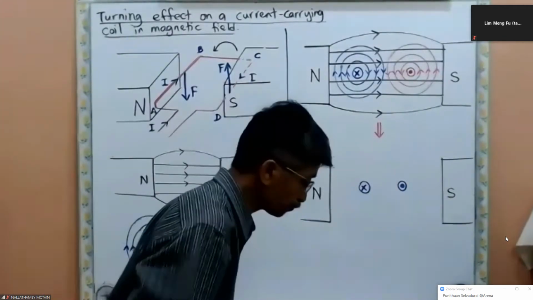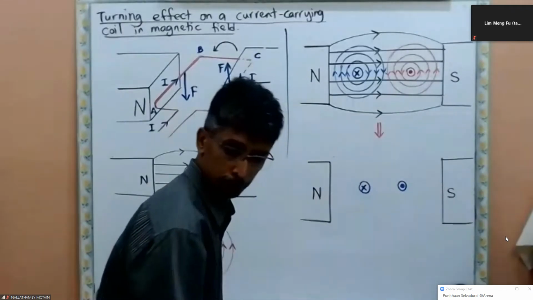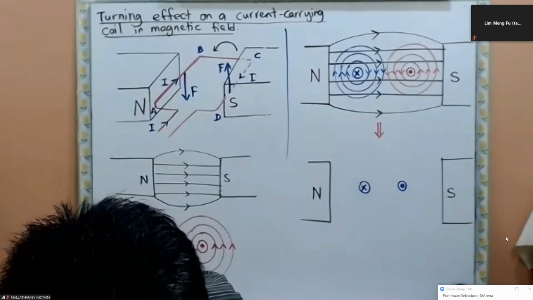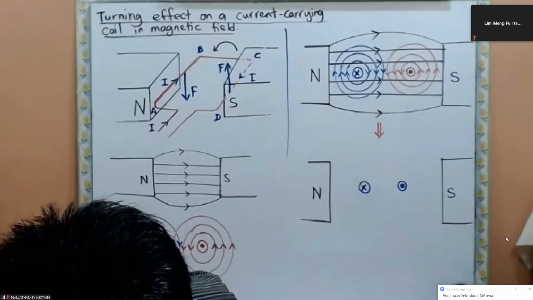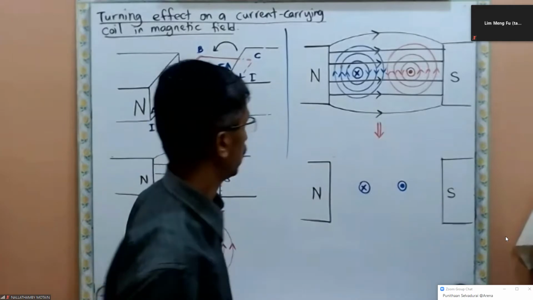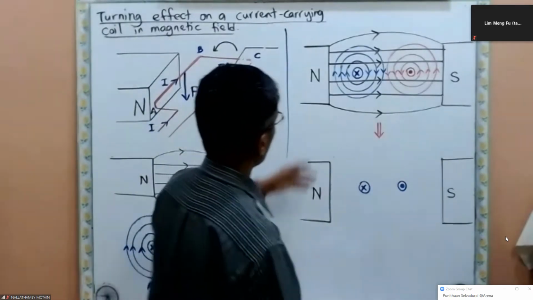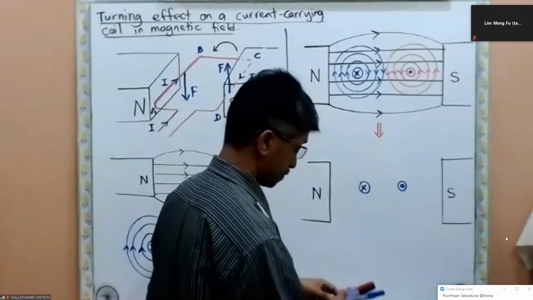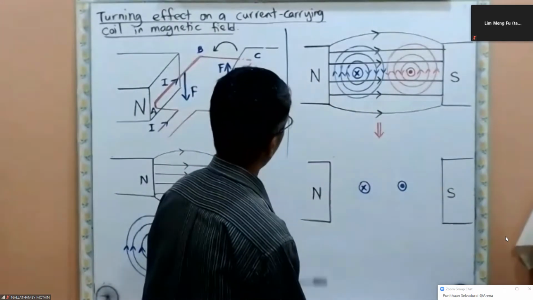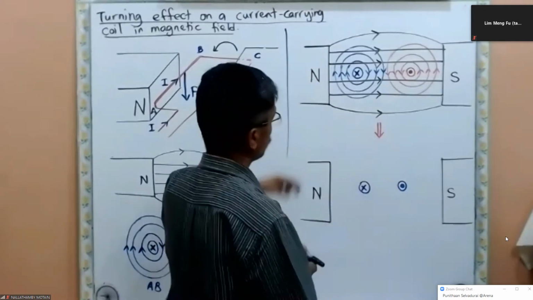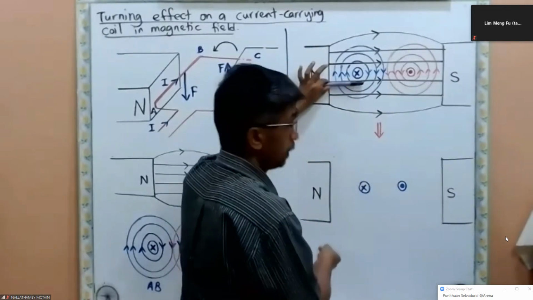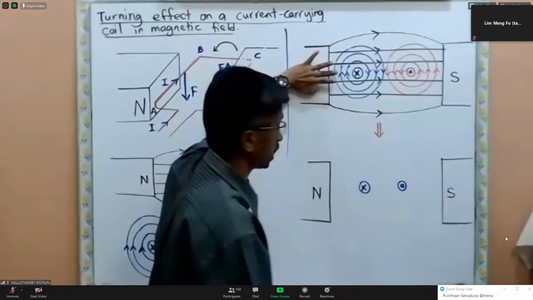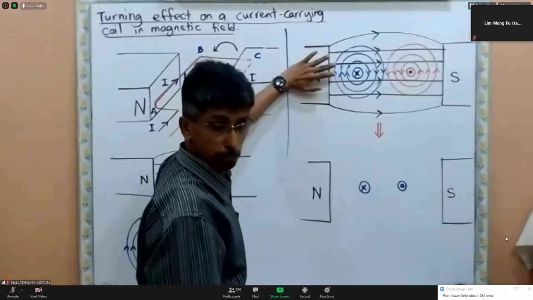Okay. Now, look at this. Here you can see three magnetic fields, the black, blue, and red. So we start with the black first. Black color magnetic field. And then you can see the blue color magnetic field. The black one represents the magnetic field of the permanent magnet.